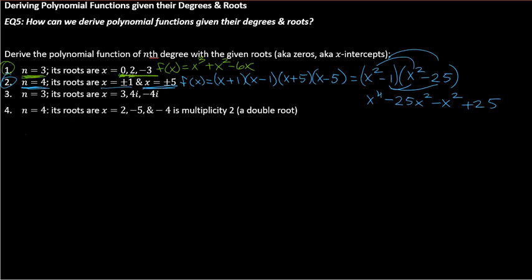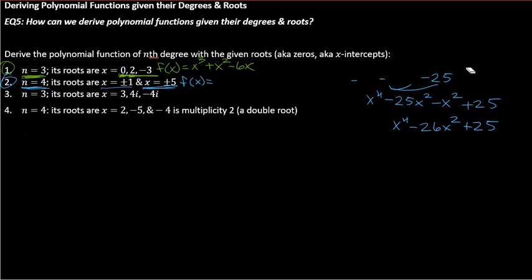So when I combine like terms, I'm going to end up with x to the 4th minus 26x squared plus 25. Okay, so go ahead and write that down as my answer for my second example.